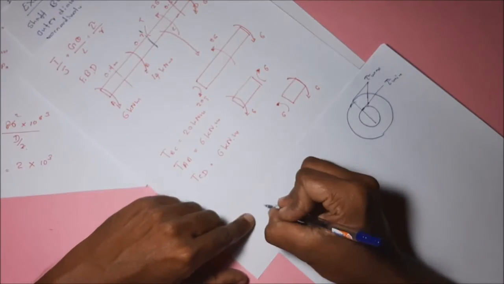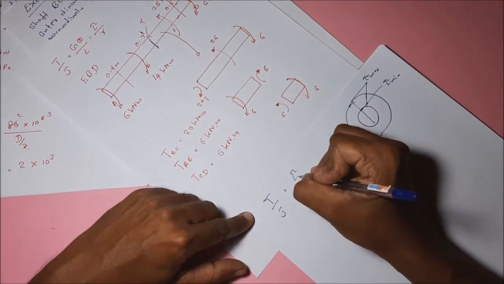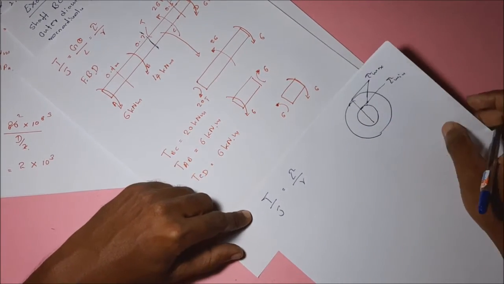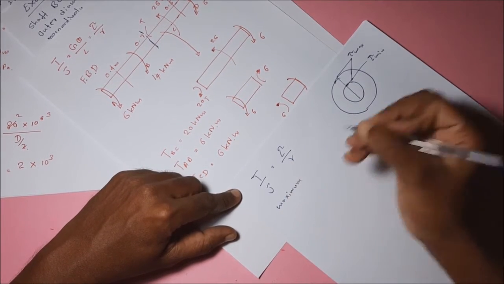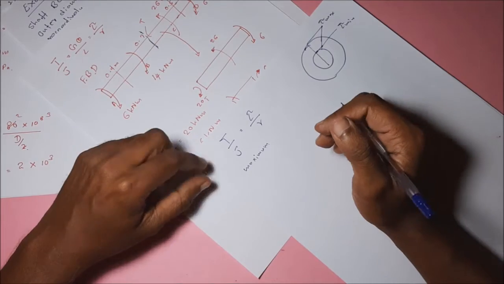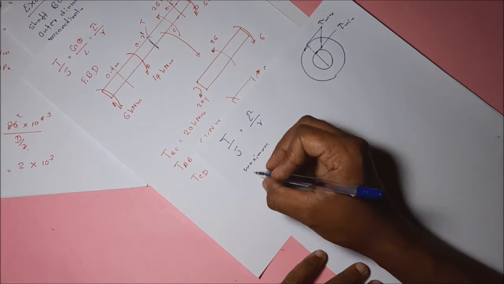Then we are going to use the equation T over J equals tau over R. To find the maximum, we have to substitute R as the maximum radius, the outer radius.